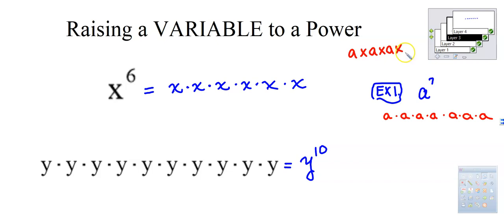So it gets very confusing if we're saying a times a, or if we're saying a times x times a times x. So in the algebra world, we avoid using the x in our multiplication problems, and we replace them with different notation. And one of those notations is a dot. And you'll learn other ways to write that multiplication with algebra throughout the year.